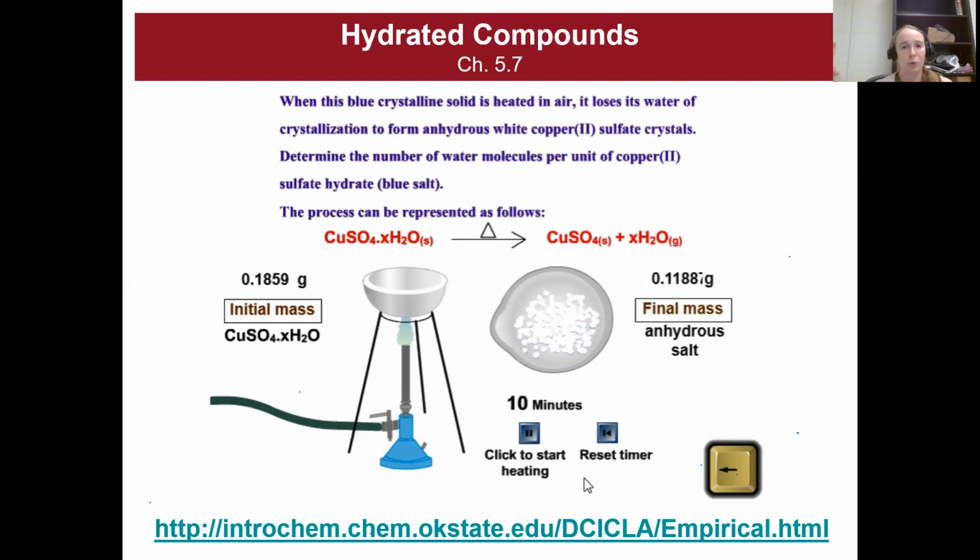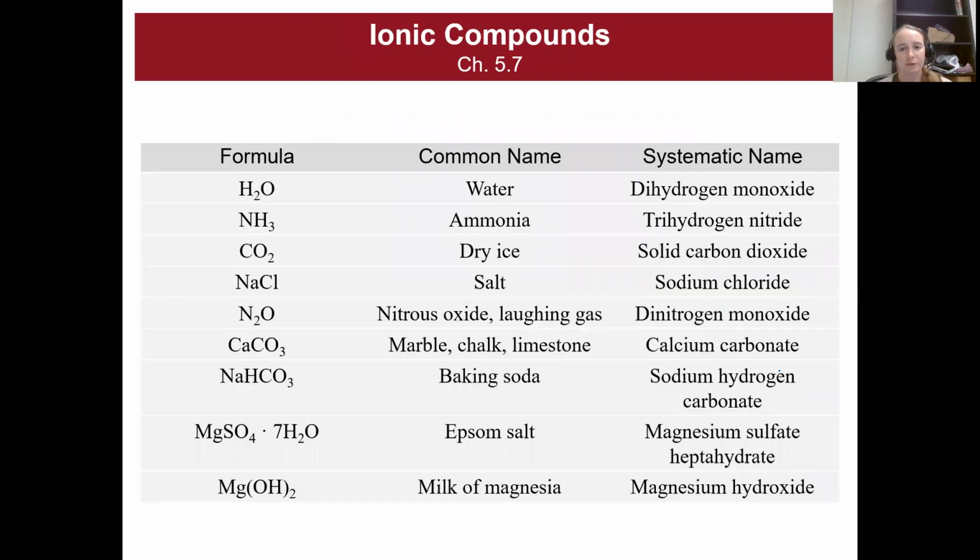So the water evaporated, so we can't get the mass of it anymore because now it's in the atmosphere. So the difference in the mass here is the mass of the waters that were evaporated. Pretty cool, right? Okay.